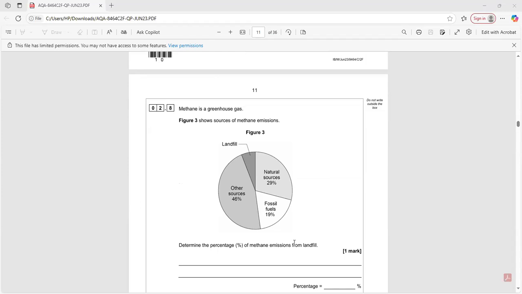Sources of methane emissions are places where the methane is produced or emitted. So it now says determine the percentage of methane emissions from landfill. Okay, so what do you think we'll do to get that answer?